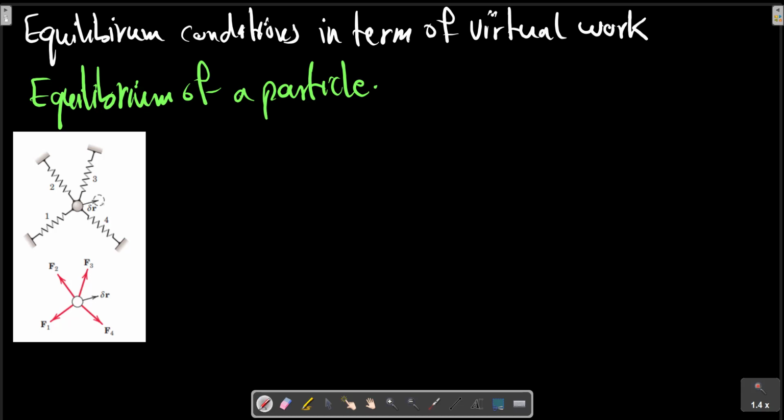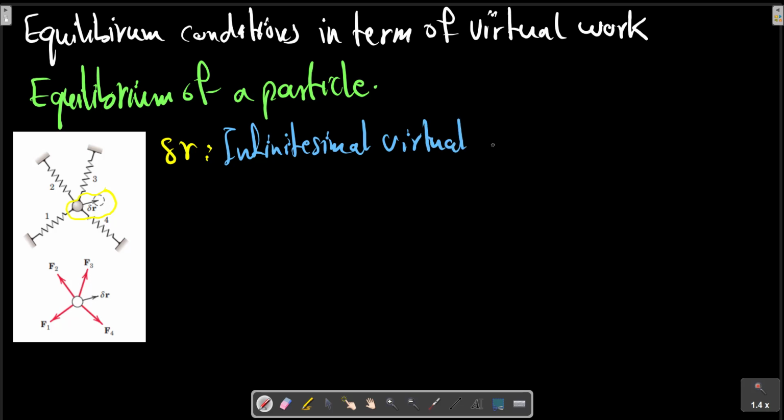delta r, infinitesimal virtual displacement delta r, virtual displacement of the particle away from its equilibrium.